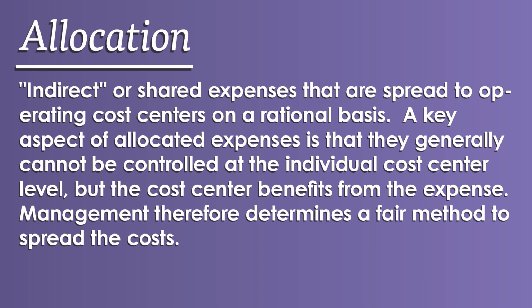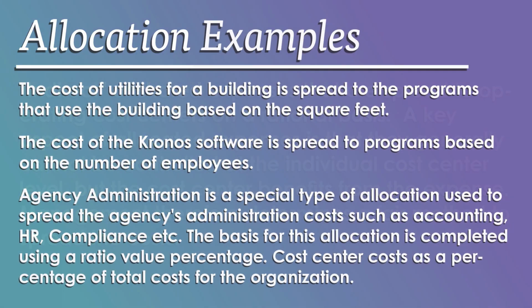These are indirect or shared expenses that spread to operating cost centers on a rational basis. A key aspect of allocated expenses is that they generally cannot be controlled at the individual cost center level, but the cost center benefits from the expense. Management therefore determines a fair method to spread these costs. And a few examples are as follows.